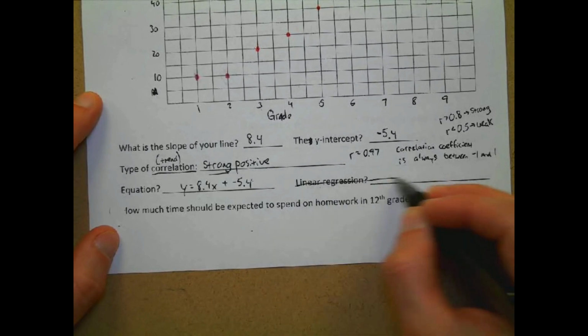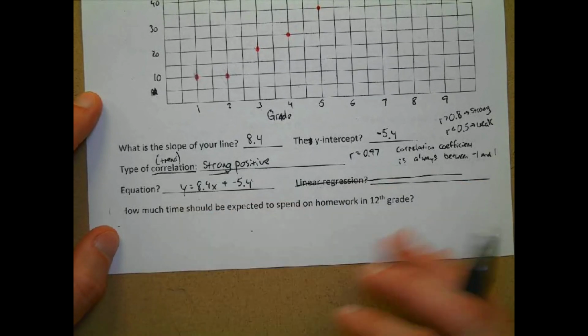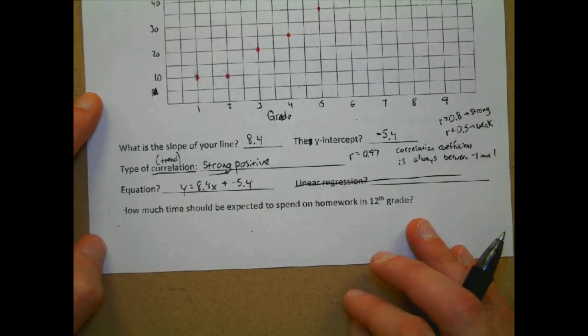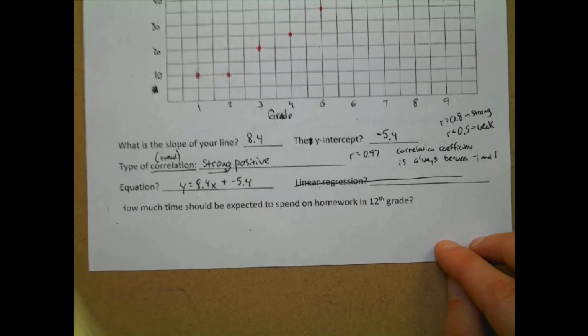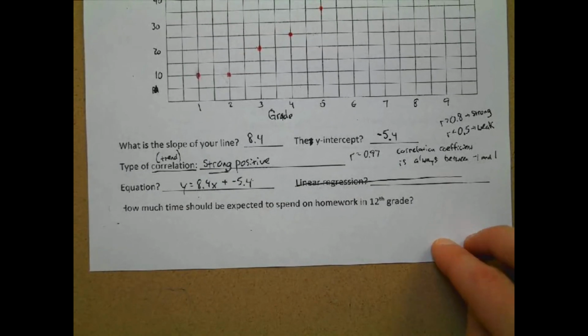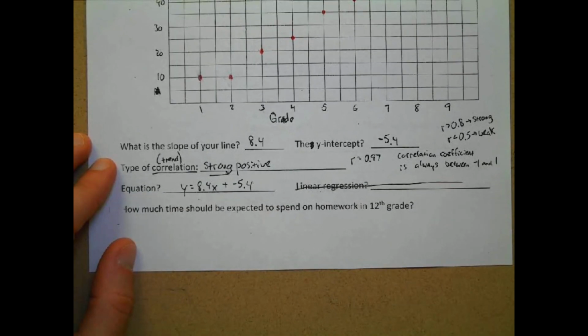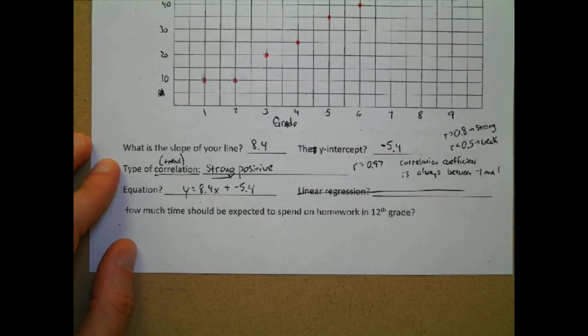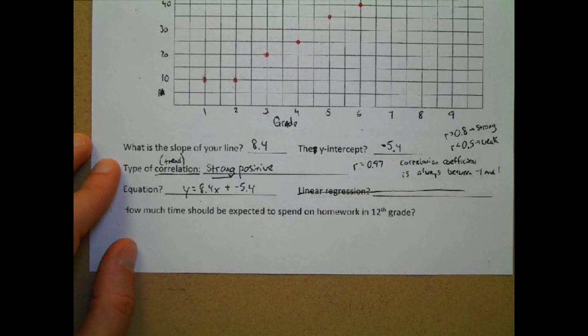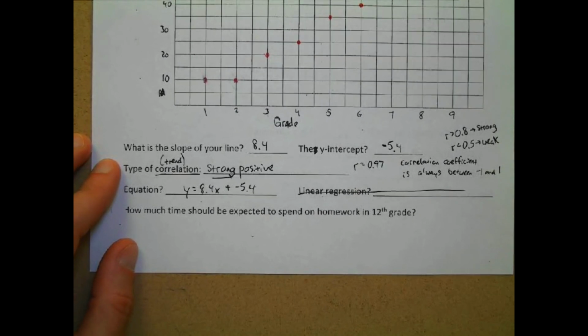I think it wanted us to come up with an equation on our own, but we don't have to worry about doing it by hand yet. So we're just going to use our linear regression.